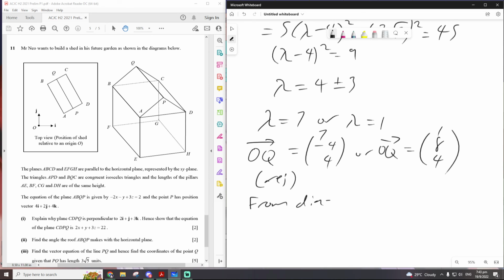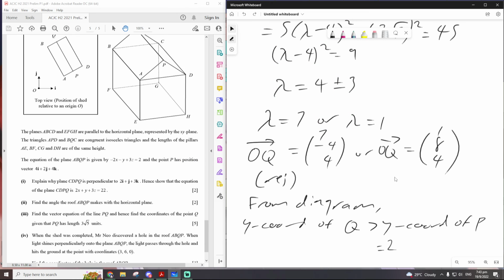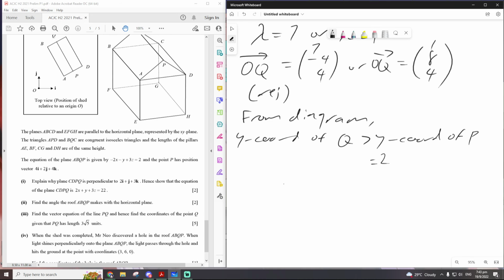From the diagram, you can see the top-down view that they give you is a hint actually, that the y coordinate of Q is going to be greater than the y coordinate of P. And the y coordinate of P is actually 2. So therefore the coordinates of Q will be (1, 8, 4). Nice.